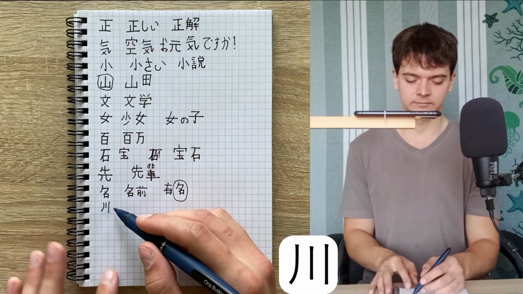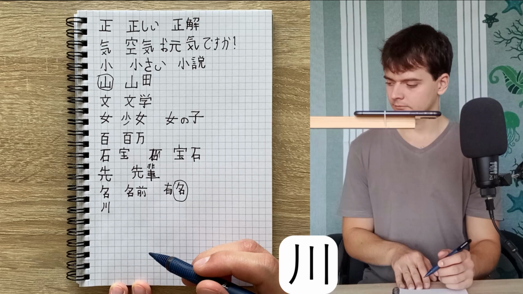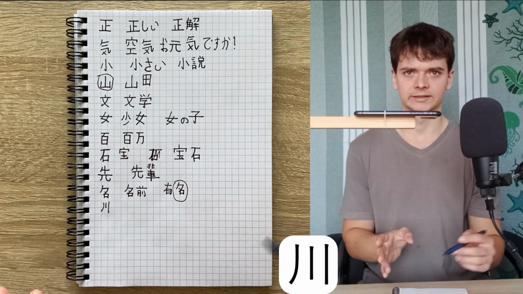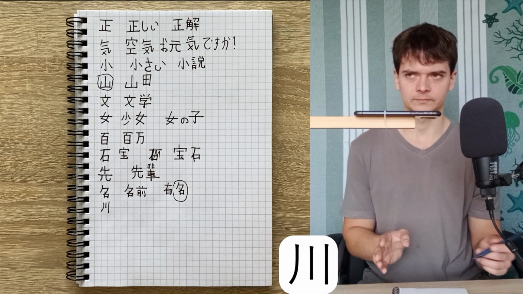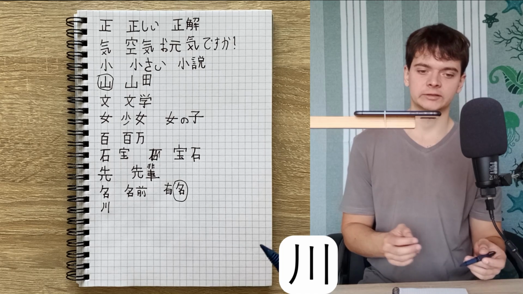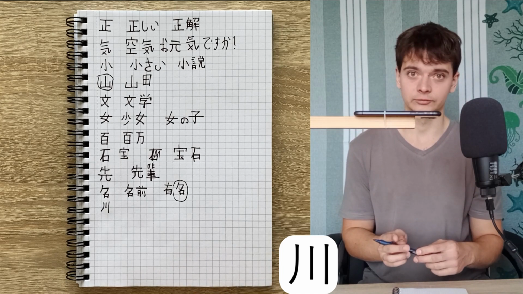This is kawa. Kawa means river. It's also used often in the surnames that they name themselves after. Because there is a river running through my rice field, I'll just put it into my name.